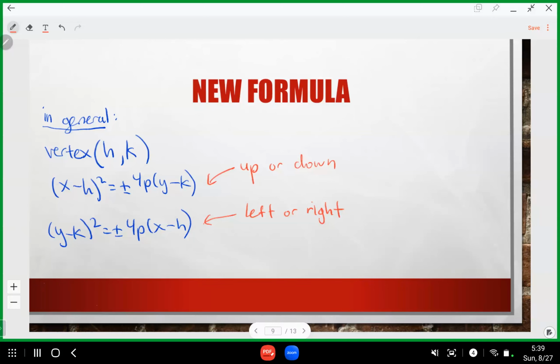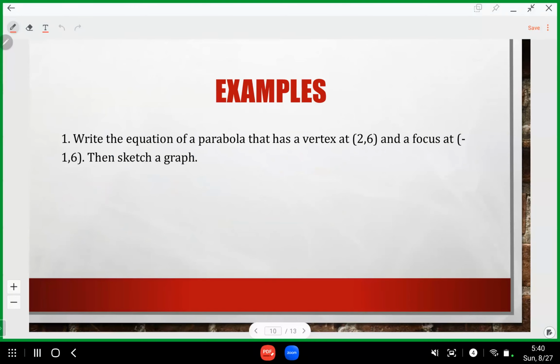And of course, the axis of symmetry is x equal to h, or y equal to k. But an easier way to think about it is like so, and I'll show you in a second with this example. First, I want everybody to try and attempt this problem.